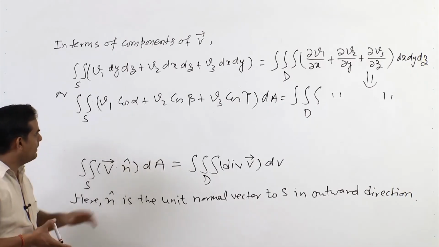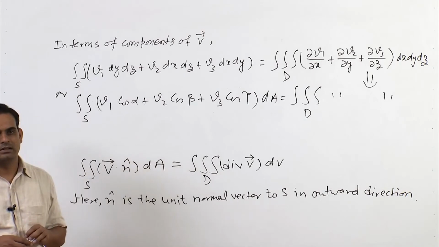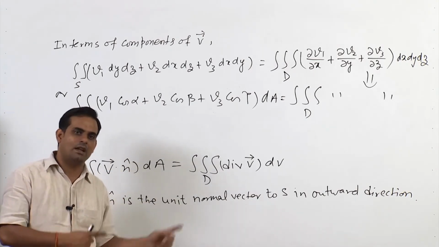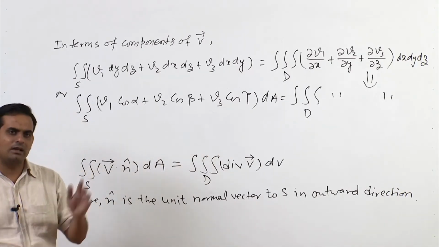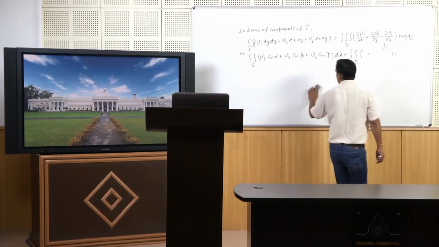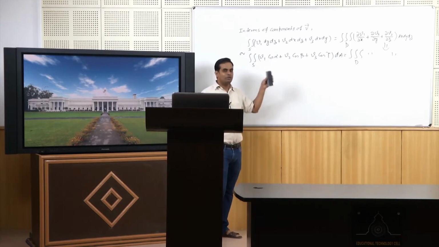So, alpha is the angle between the x axis and unit normal vector n, beta is the angle between the y axis and n, and gamma is the angle between the z axis and n. We can consider any of the three forms, and all of these are called the divergence theorem of Gauss.